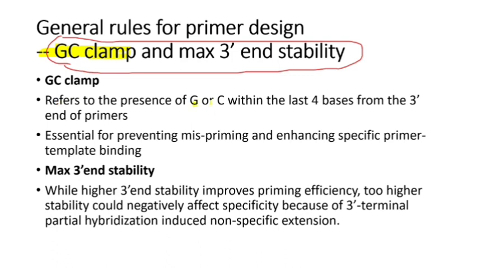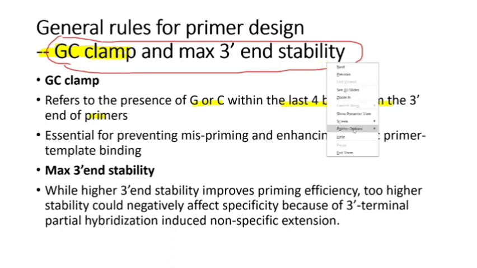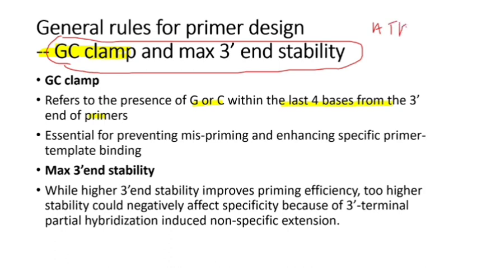So GC clamp refers to the presence of G or C within the last bases at the 3' end of the primer. When we see the primer, it starts from the 5' end. The last four nucleotides at the 3' end should include G or C, which acts as a clamp and helps in very strong binding to the template.